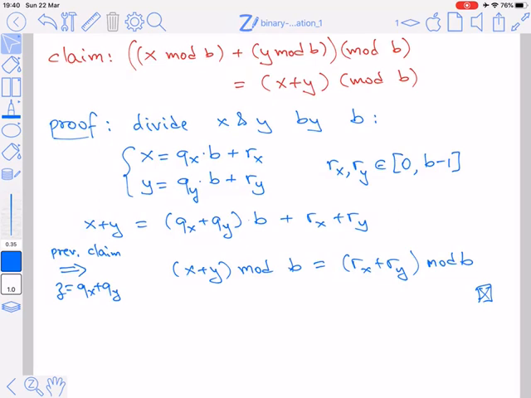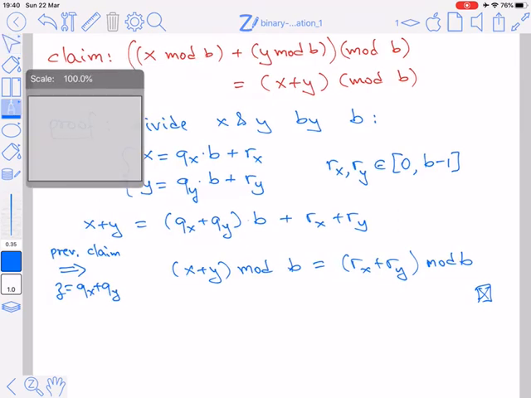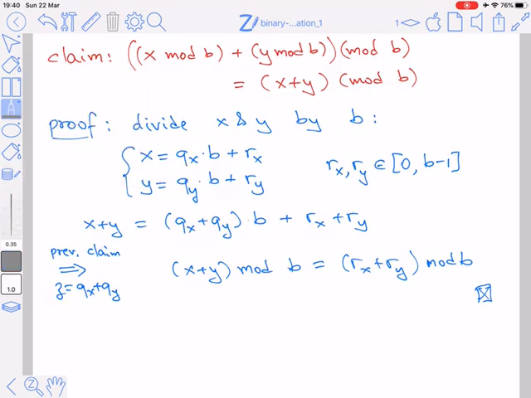And this is exactly what we needed to prove, because this part is rx and this part is ry. And that completes the proof.